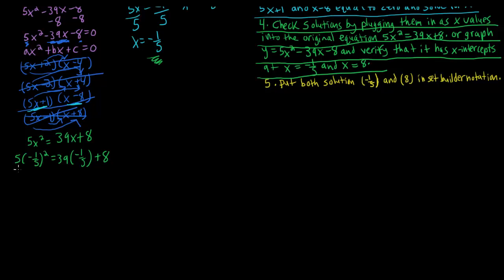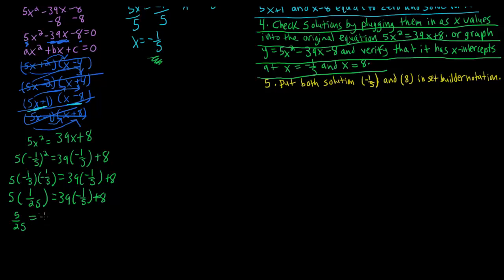So negative 1/5 squared is the same as 5 times negative 1/5 times negative 1/5 equals 39 times negative 1/5 plus 8. So negative 1/5 times negative 1/5 would be 5 times positive 1 over 25 equals 39 times negative 1/5 plus 8. And then 5 times 1/25 is just the same as 5 over 25.